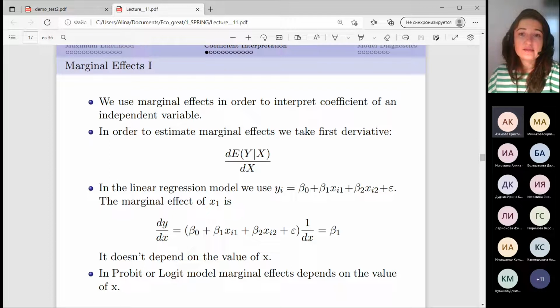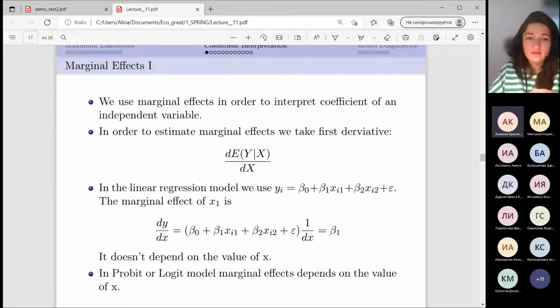And it's very important to measure the quantitative effect of a change in our independent variable, let's say a 1 unit increase in the independent variable, and how this change affects the probability in our dependent variable.